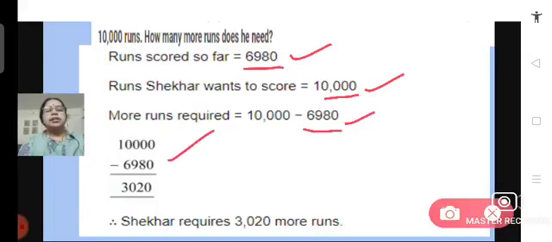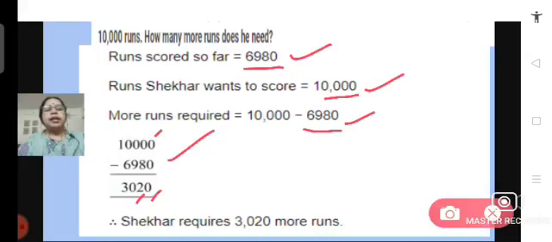We write these numbers in columns and start subtracting from the ones place. 0 minus 0, we get 0. We move on to tens place. In tens place we have 0. So we borrow, it becomes 10. 10 minus 8, we get 2. In hundreds place it is 9.